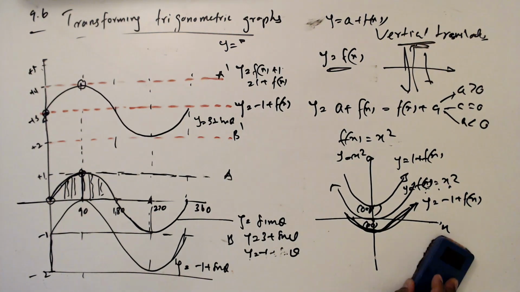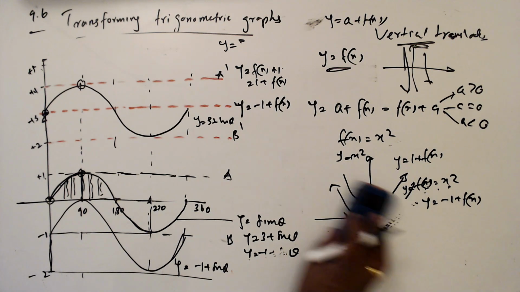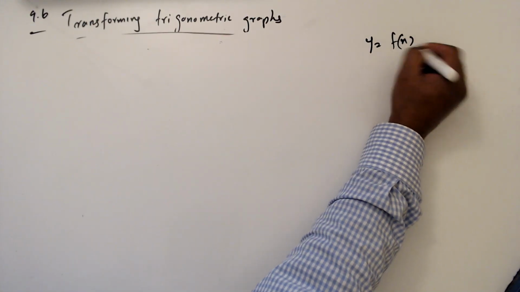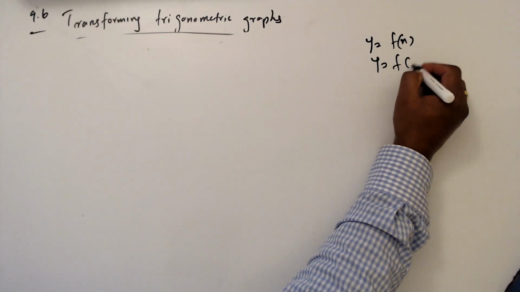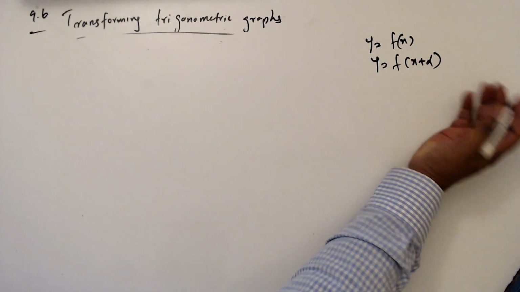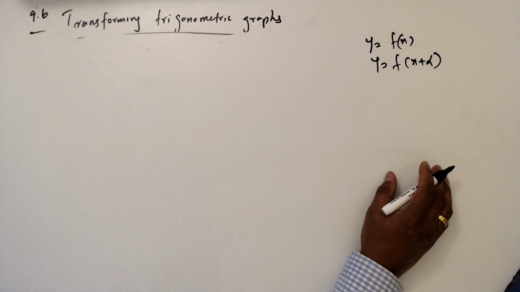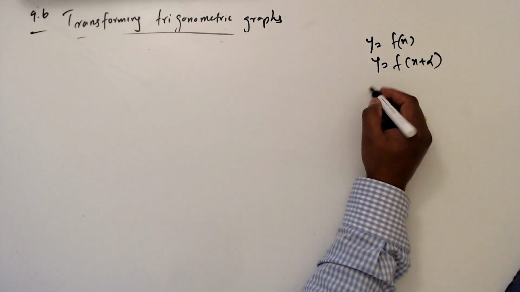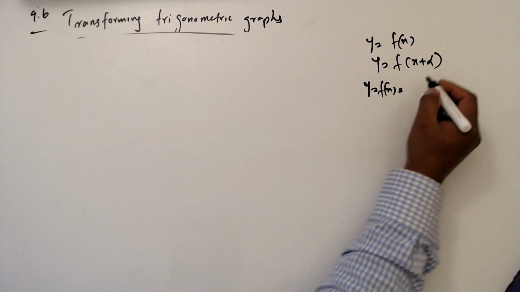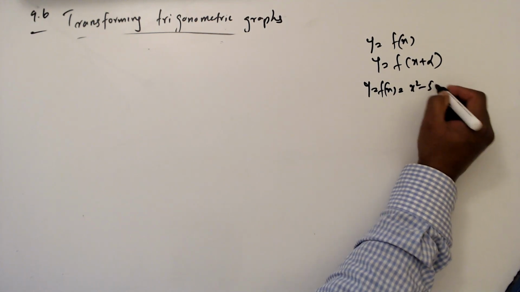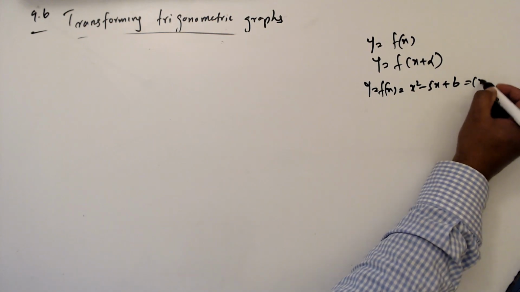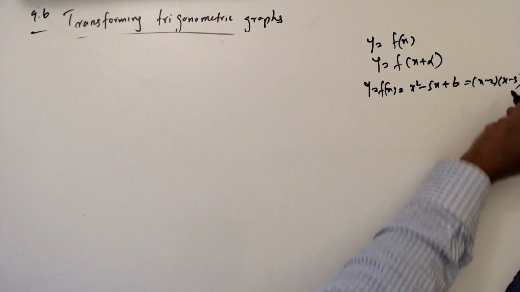Now we'll discuss the horizontal translation. Assume we have the graph y equals f(x), then y equals f(x plus alpha). What will happen? Assume you have the equation y equals f(x) equals x squared minus 5x plus 6, which is (x minus 2)(x minus 3).